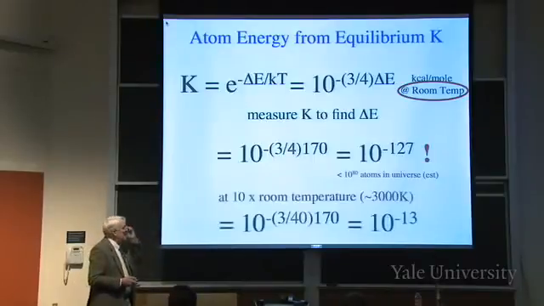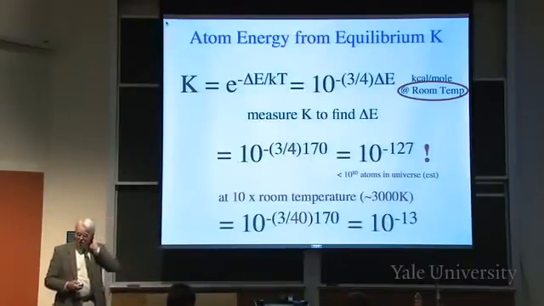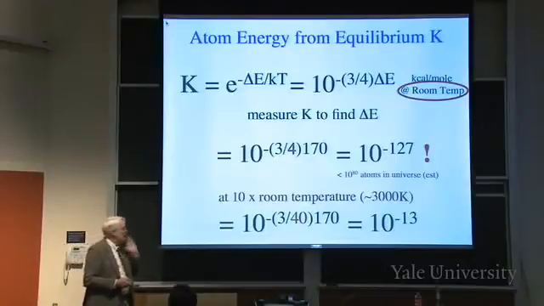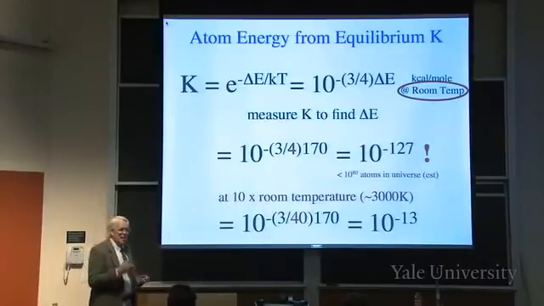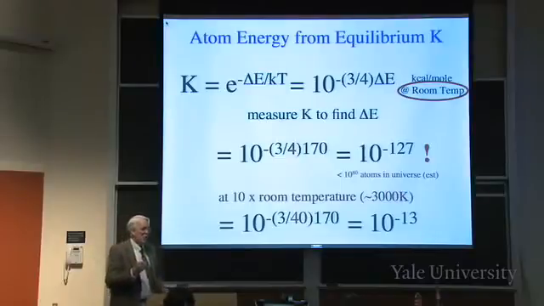So suppose we went to 10 times room temperature, to 3,000 Kelvin. Then instead of 3/4, it would be 3/40, because the denominator would be 10 times bigger. And now it would be 1 in 10 to the 13th would be an atom. And now that's a substantial number if you're talking about Avogadro's number.